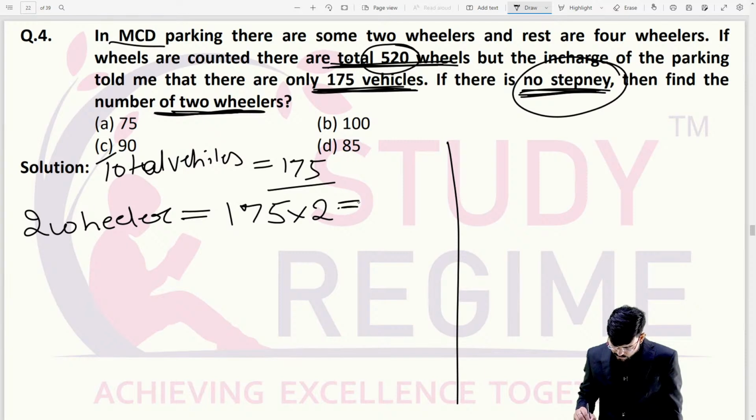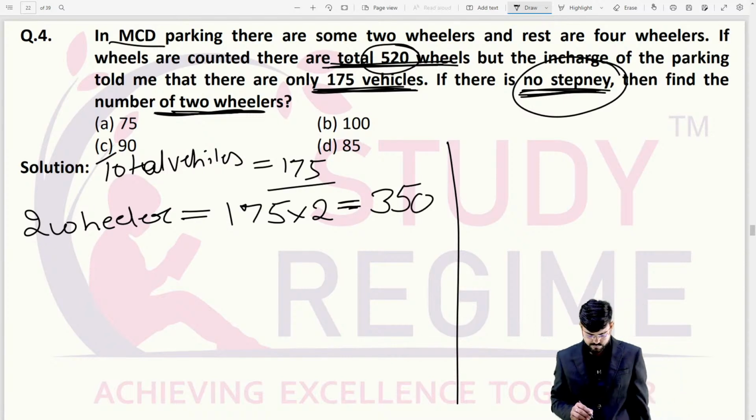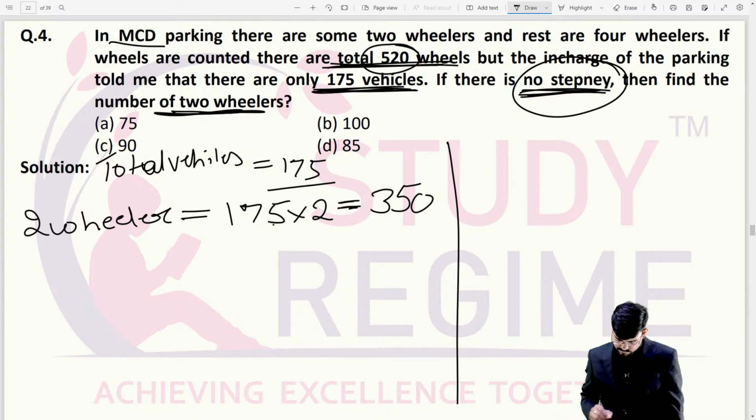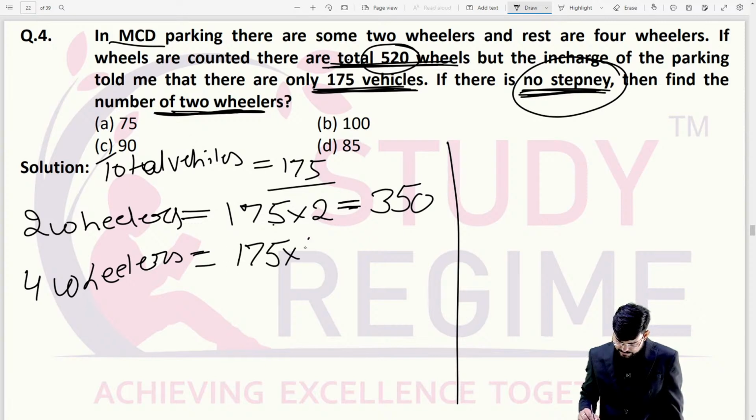You will get how much? 350. Now, next we will suppose there are only four-wheelers. How many wheels will you get? 175 into 4, that means just double.